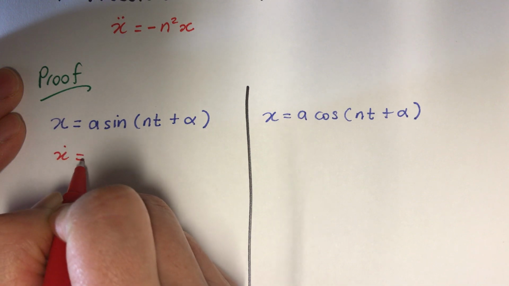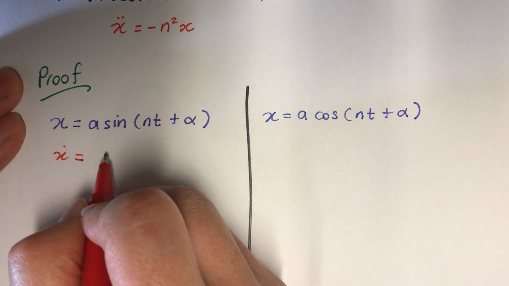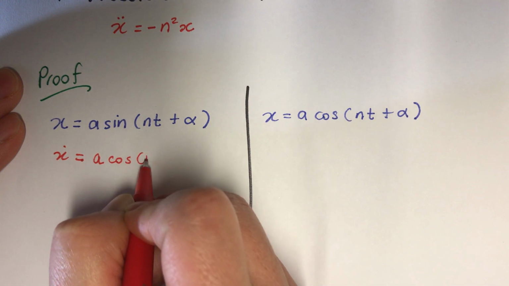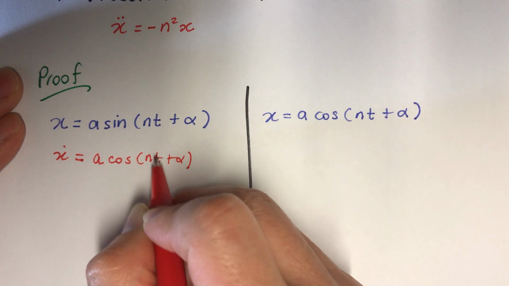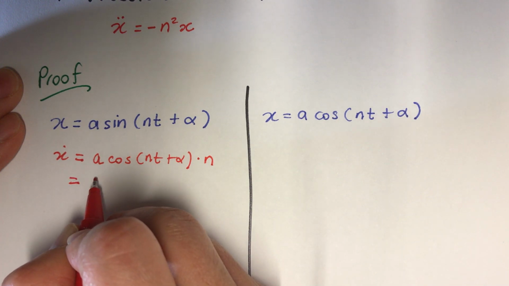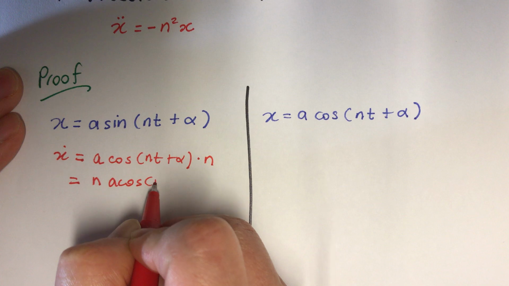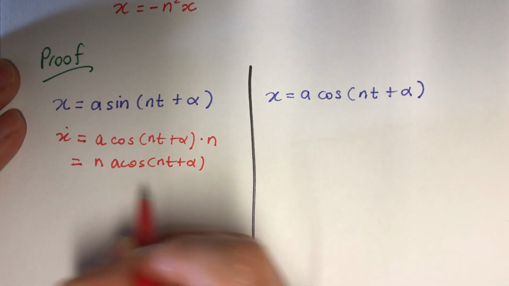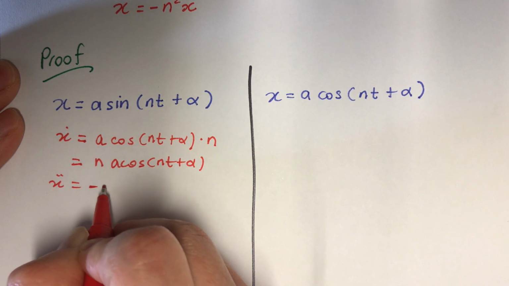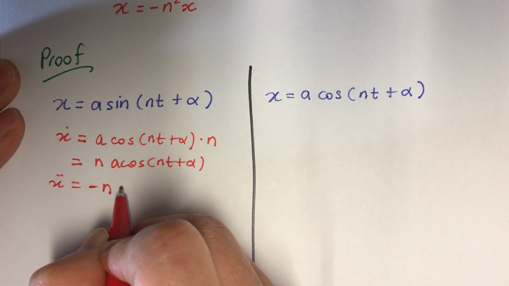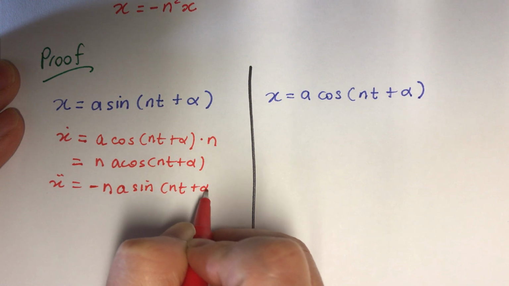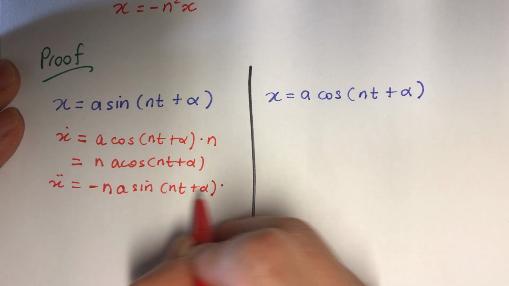So x dot is my velocity. I'm just going to differentiate this. It'll be a cos(nt plus alpha), differentiate the whole thing, it'll be n. So I'm going to put n a cos(nt plus alpha), and I'm going to differentiate again, and this time cos to sine, it'll be negative n a sine, times n.